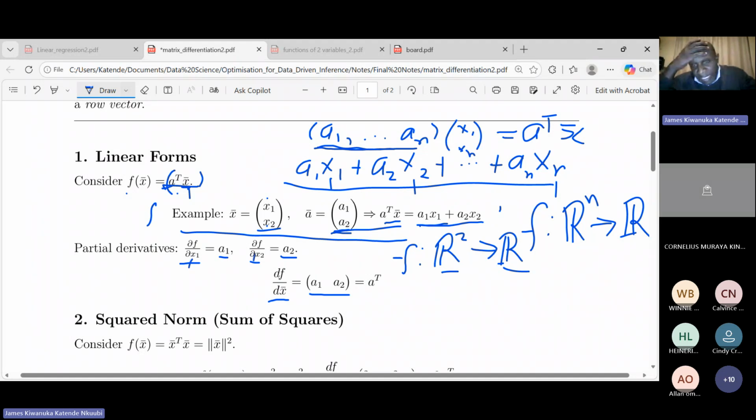We learned this formula earlier, so we're just using it here. This is the formula for differentiating a function of n variables with respect to a vector. So this is what you get. Basically, you just have one component function, so you get the partial derivative of that one component function as yours, but the transpose of a.